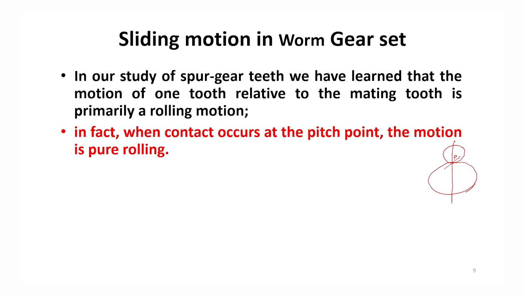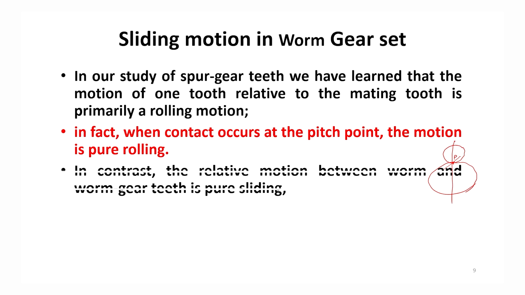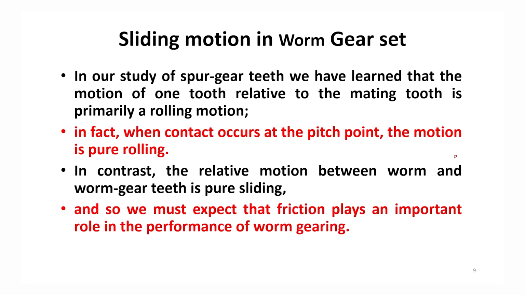The sliding motion was proportional to the distance by which the point of contact was away from the pitch point, and at the pitch point it was pure rolling. But in the case of worm and worm gear, the relative motion between worm and worm gear teeth is pure sliding, and so we must expect that friction plays an important role in the performance of the worm gearing.